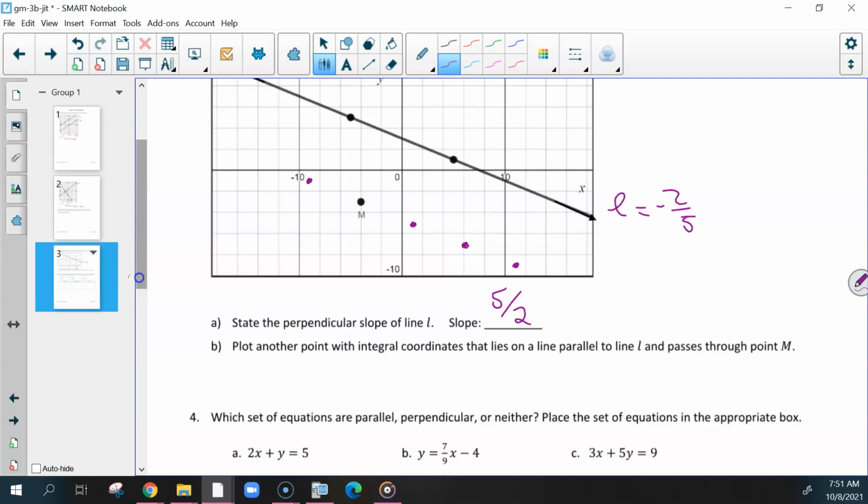I don't really understand that question, so I'll put L. For A or for B? For A. So, you could have put that slope, but you also needed to find the perpendicular slope. Okay. So write that one next to it. So any of these 5 points you could have plotted because any of those had the same slope as line L. Yes, Alex. I go to the right. Yes.